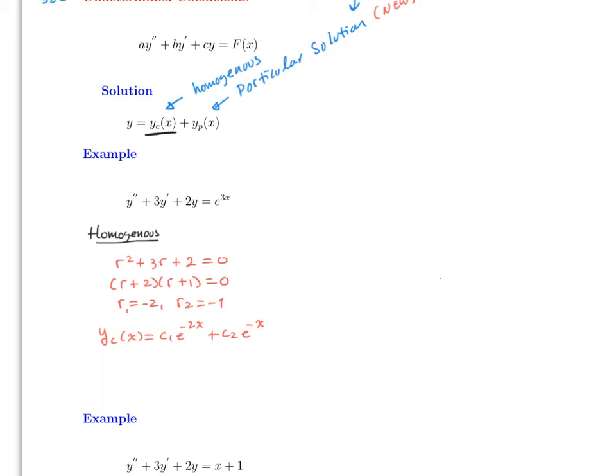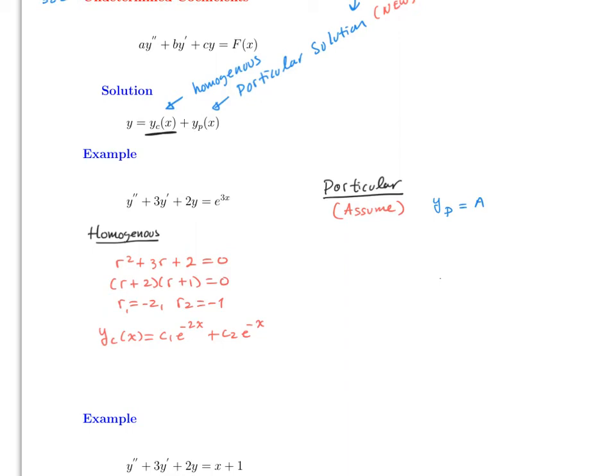All right, so now let's do the particular solution, which is the part that is new. For the particular, we're going to assume that the solution is going to look like this. So yp is the particular solution.